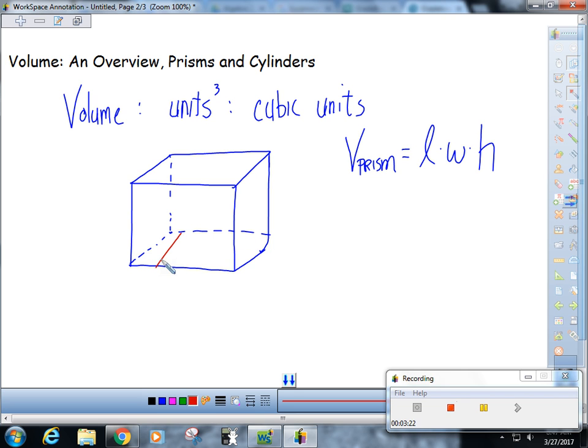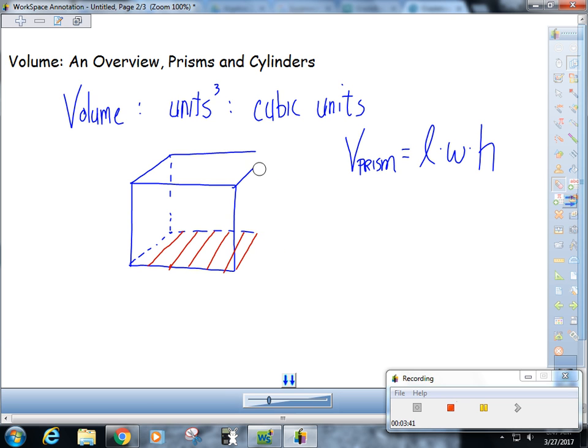So if we just divided this thing up into cubes, here we go again. Let's fix this while we can. Okay, that's a little better.